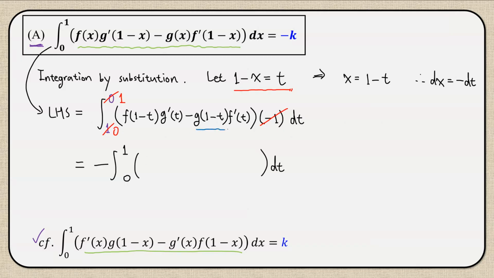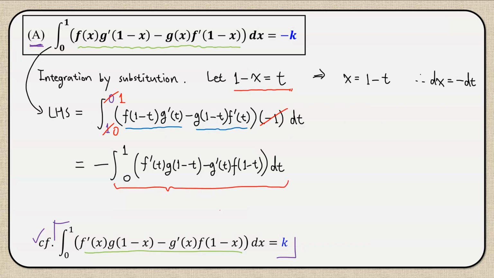Then we write this part first, f'(t)g(1-t), and then this part, minus g'(t)f(1-t). If you compare with this definition of k, you know that this part is exactly k. Therefore, due to this minus sign, this equals minus k. Therefore, statement A is true.